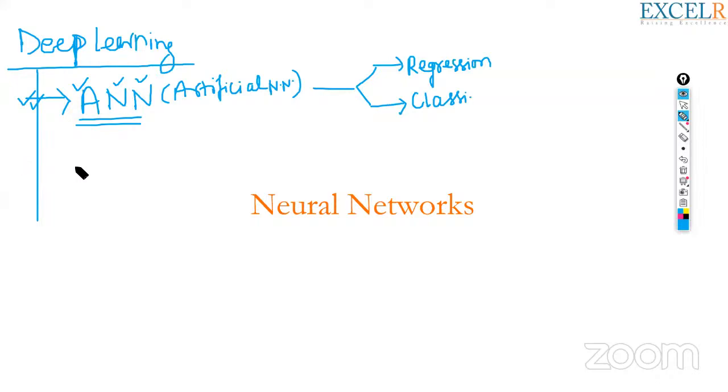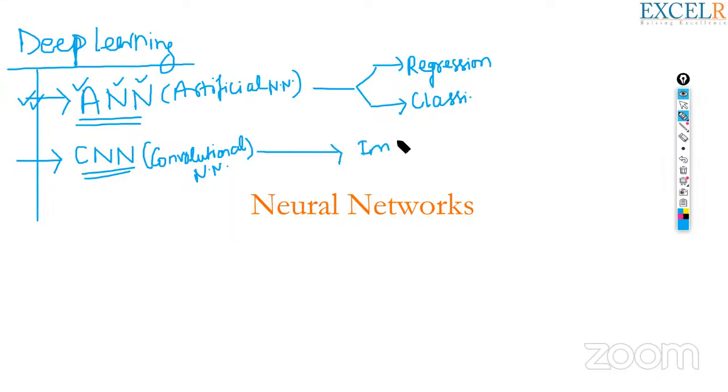Then we have something called CNN, which stands for convolutional neural network. This kind of neural network mainly works for image data or video data.